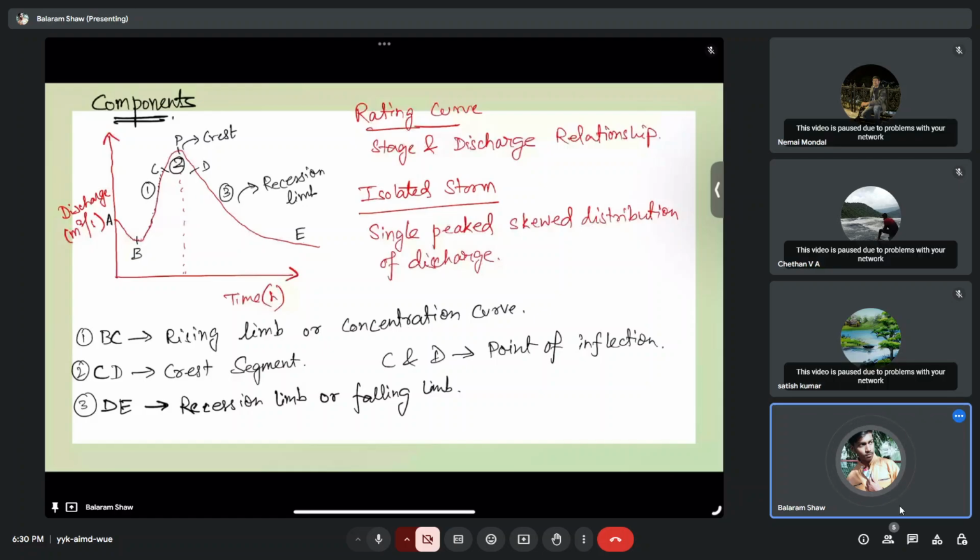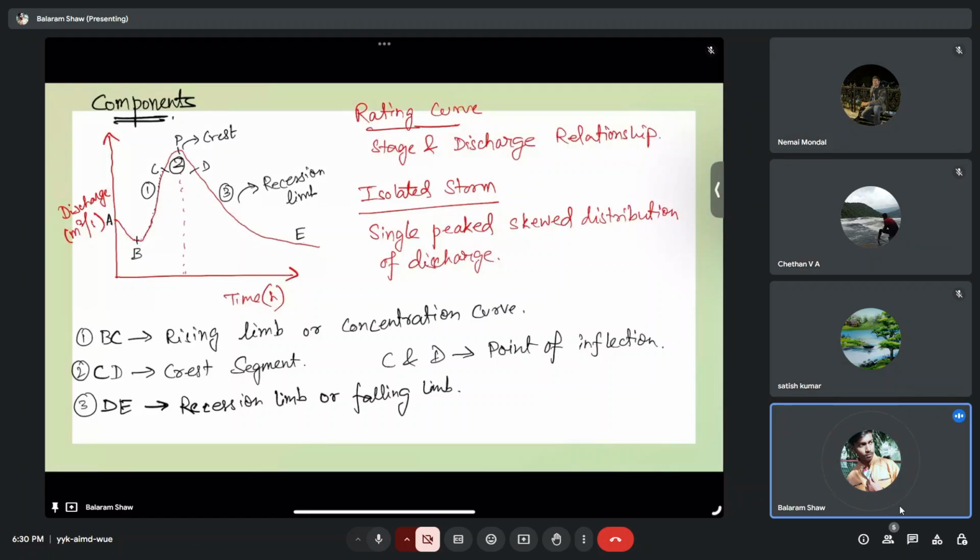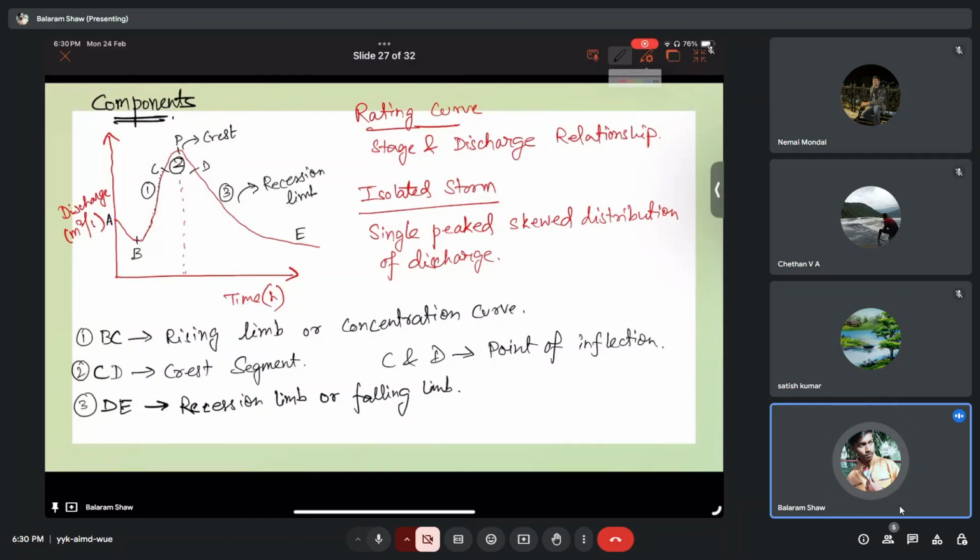Okay, before that, let me go through two more things. As I mentioned, this is because of the rainfall excess or rainfall event that is happening, right? So let's say this is for the rainfall with duration. Wherever you see a hydrograph, mostly this box will be there.